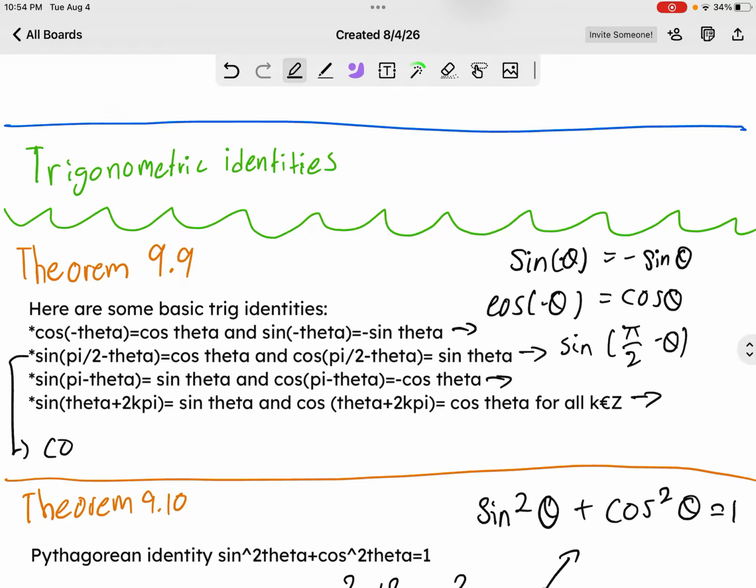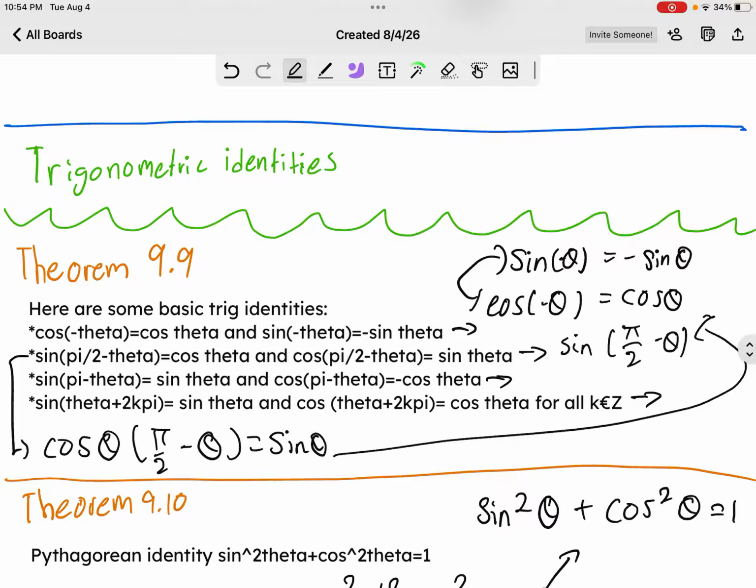For the cosine, it's going to be cosine of pi over 2 minus theta will be equal to sine theta. So it's just kind of the reverse form of this and this, but I'll still write out the last two ones. I'll write this one out right here.